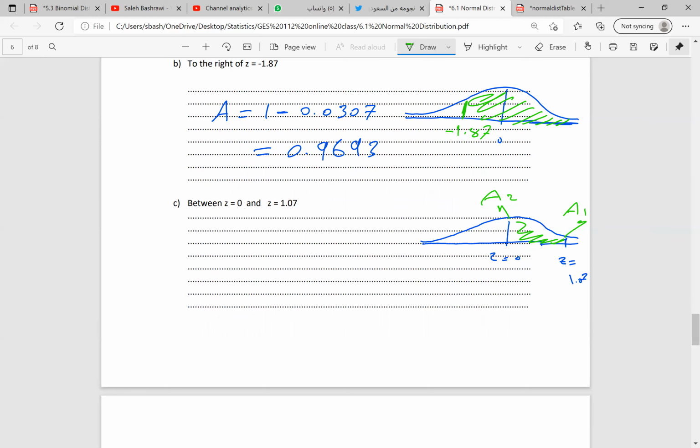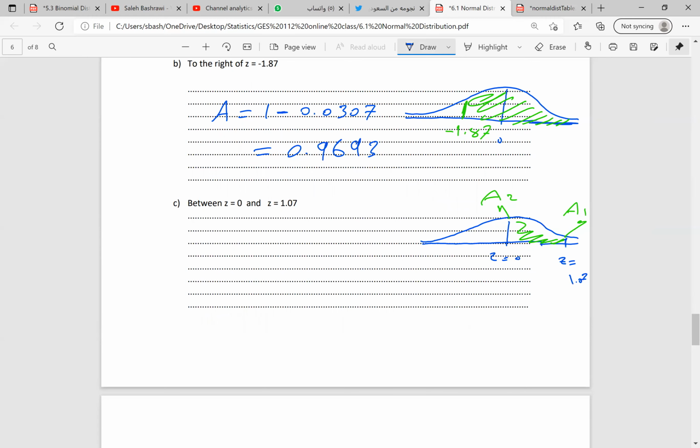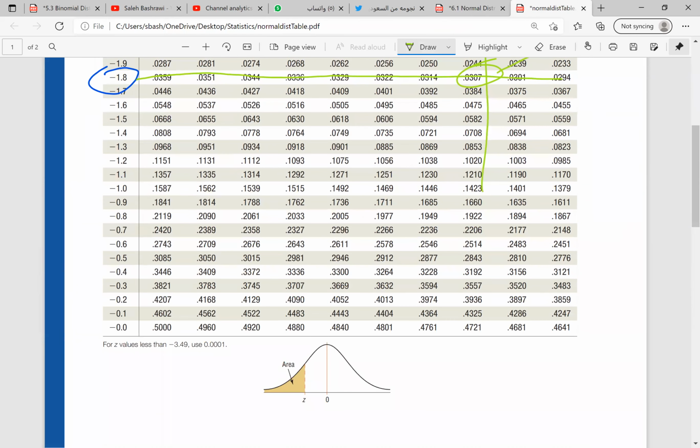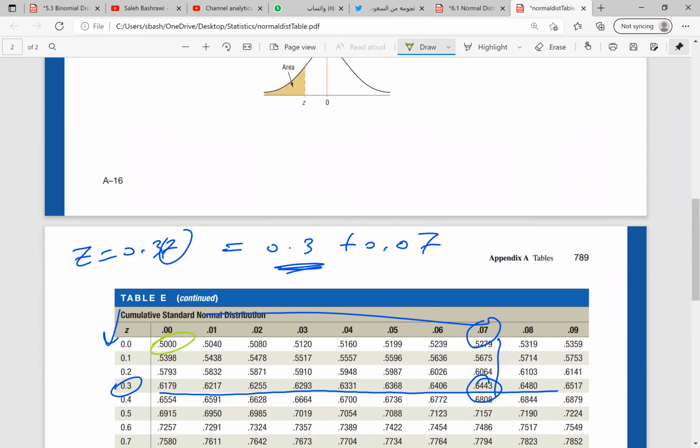We said that if z equal to 0, I will have A equal to 0.5, either positive or negative. So when z equal to 0, the area equals 0.5.